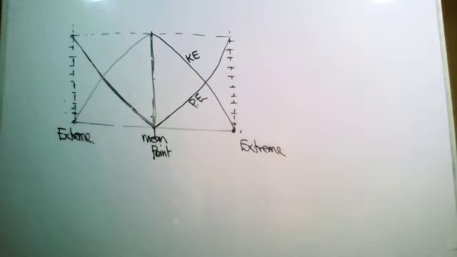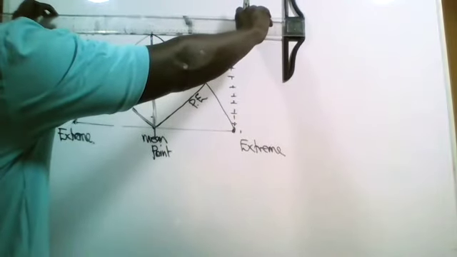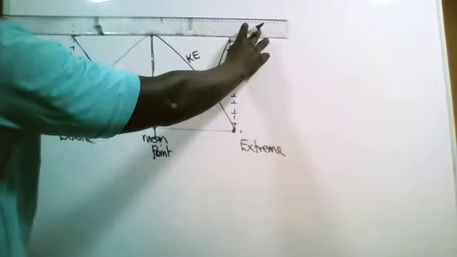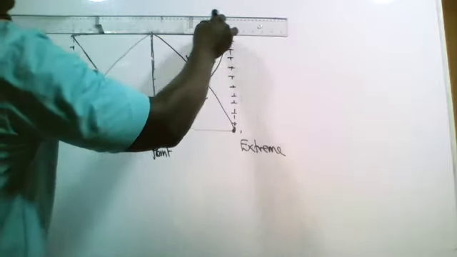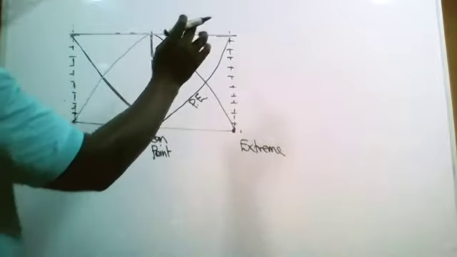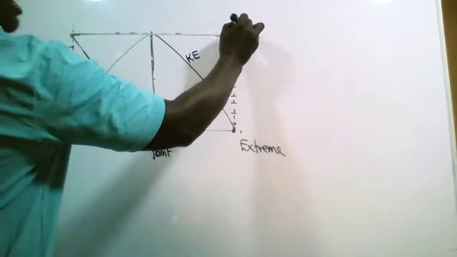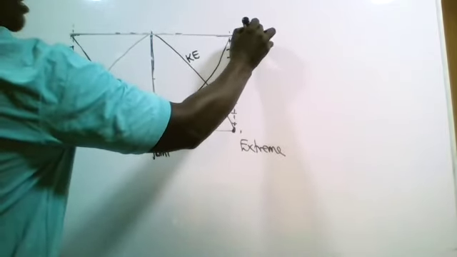Now, there are some peculiar parts. When you draw a vertical line linking the two graphs, this vertical line linking the potential energy graph and the kinetic energy graph gives us the total energy possessed, which is the mechanical energy.